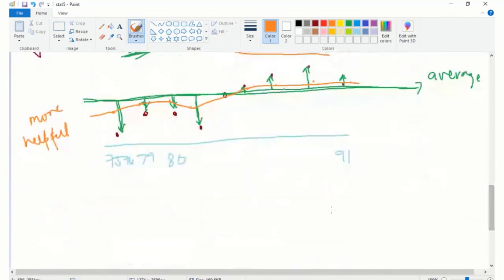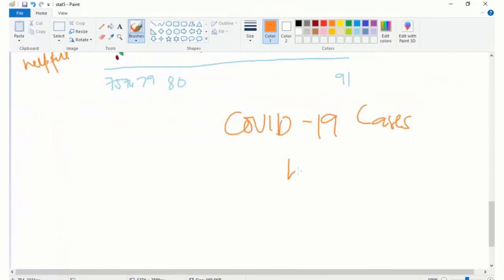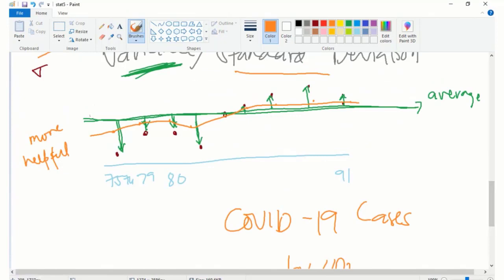But just imagine if we are dealing with, let's say, COVID-19 cases, which is by the hundreds every single day. So, ibig sabihin, for example, if you are dealing with COVID-19 and the average is 10,000 a day, or maybe at the peak, meron kasing time na thousands, 1,000 per single day ang nagpa-positive.